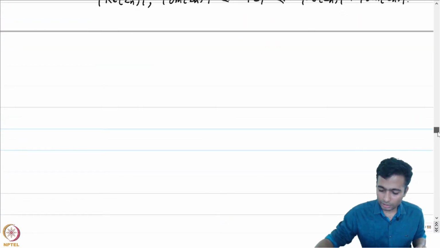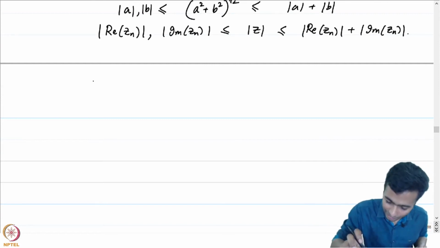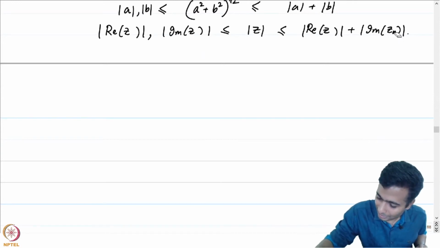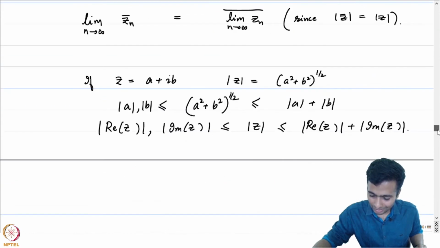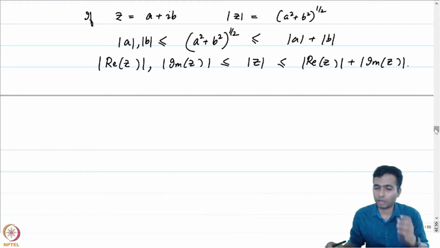Where is the n coming from? N is only going to come later, I'm writing it before it's coming into the story. Yeah, so these are the inequalities we can talk about for a complex number Z.